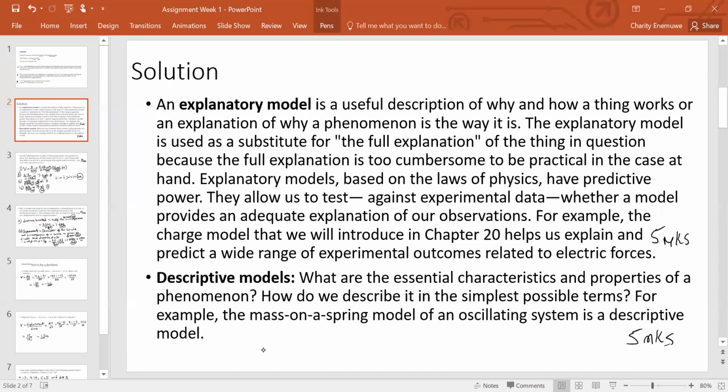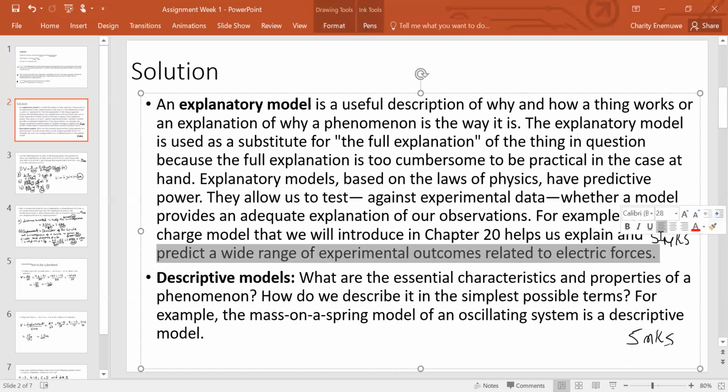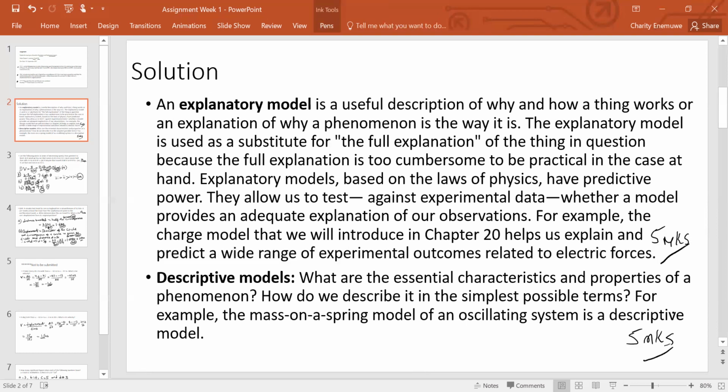So when you go to Google to browse open-ended questions on explanatory model or descriptive model, be sure to pick that which applies to physics, because we have to narrow our answers to physics concepts. So this is divided into 5 marks for the first description, and then 5 marks for the second description.